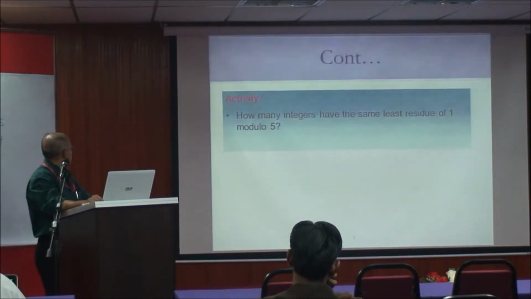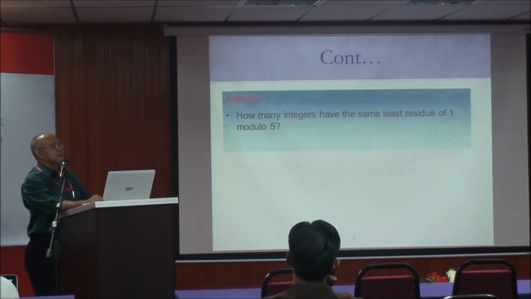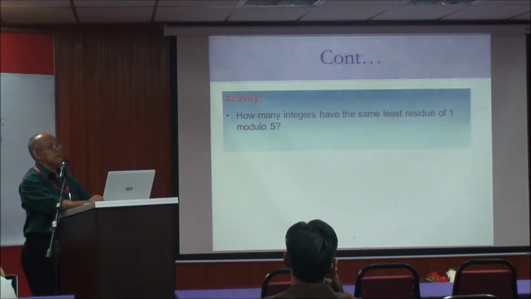Okay. So question, how many integers have the same least residue of 1 modulo 5? As I said previously, there are many integers, right? But exactly how many? With least residue 1 modulo 5.